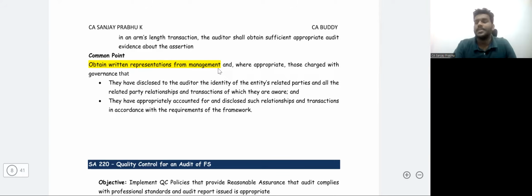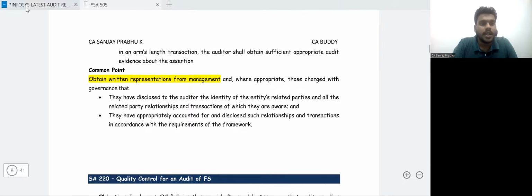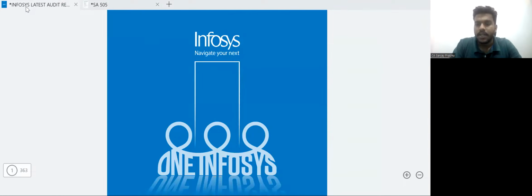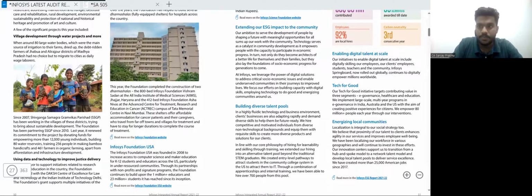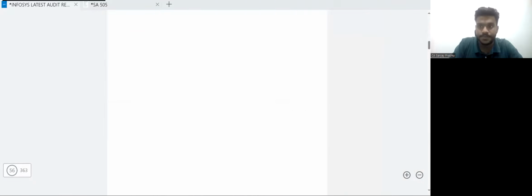Fine? Agreed? Yes, sir. Let's do one thing. This is Infosys annual accounts. In this, we can see the related party transactions, whether they have provided the related party transactions, all these things.